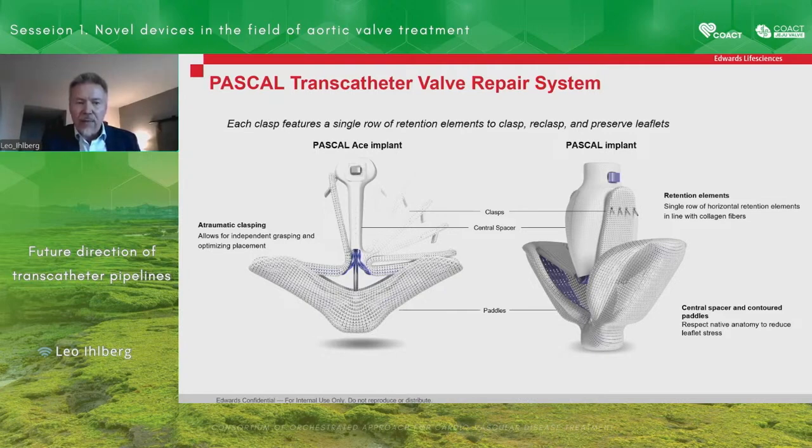It's pretty atraumatic because we have only one single row of retention elements, which allows one to do a couple of things. First, the two clasps work completely independently from one another, so that you can capture one mitral leaflet at a time.